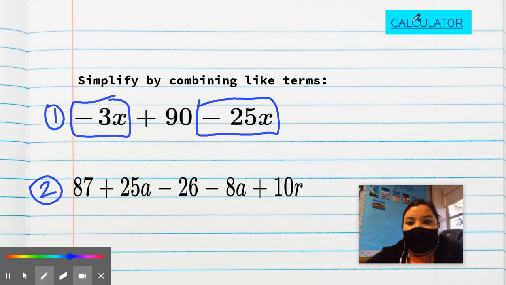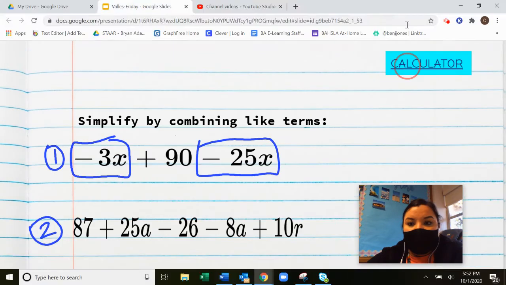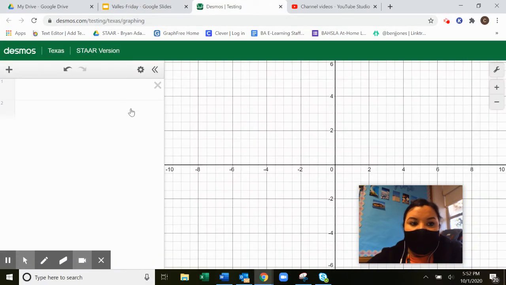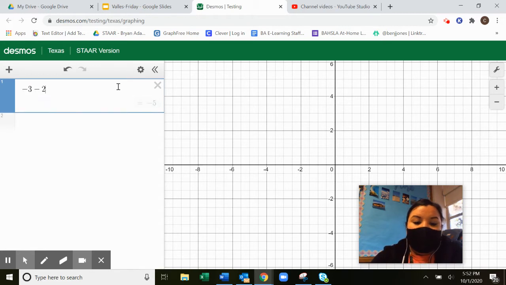So go into my calculator. I'm going to go ahead and put minus 3 minus 25. And I get that is minus 28.